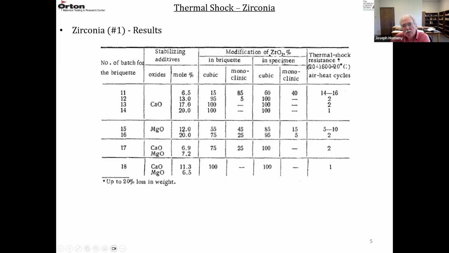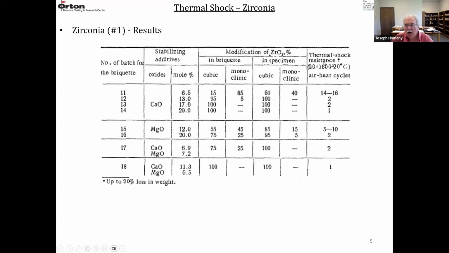And then they refired it after they crushed the briquettes and pressed them into samples. So 6.5 mol% lime was 60% cubic and 40% monoclinic. And then the other 3 at 13, 17, and 20 were all 100% cubic.